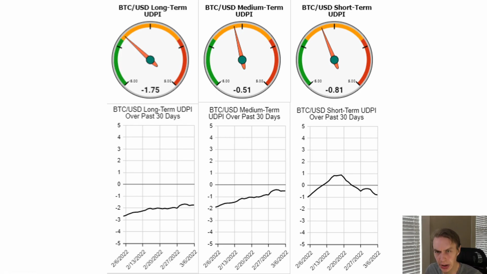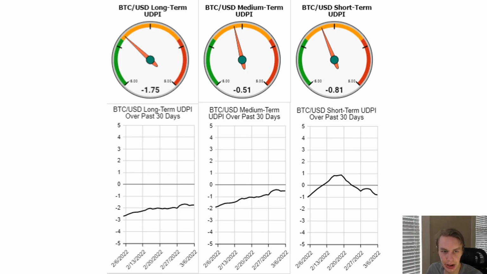I want to start off with Bitcoin, being kind of the main barometer of the crypto market. We're in a similar spot to where we have been in the previous weeks when I talked about this. Overall, Bitcoin's UDPI is kind of bullish long-term. The long-term UDPI is for moves that play out over months to years, so much more of a long-term risk.